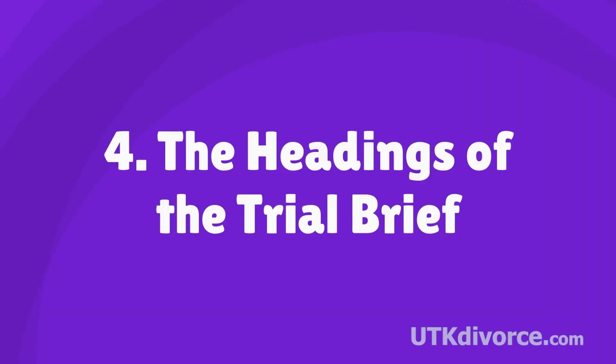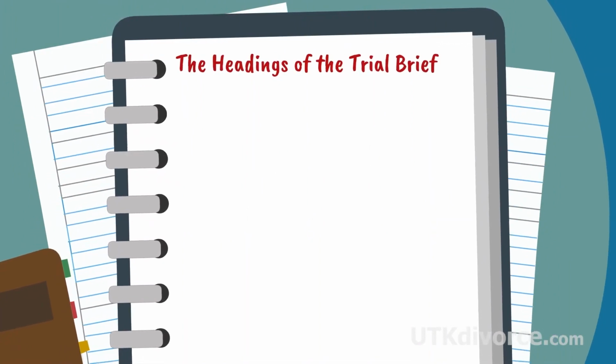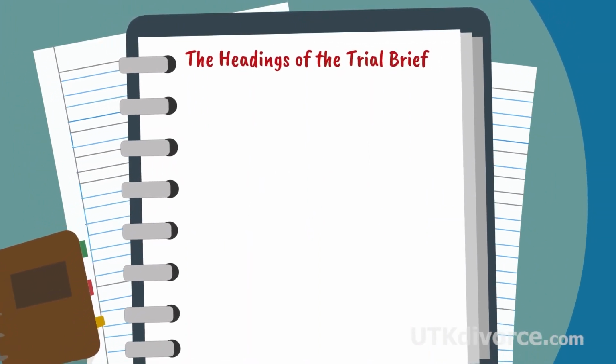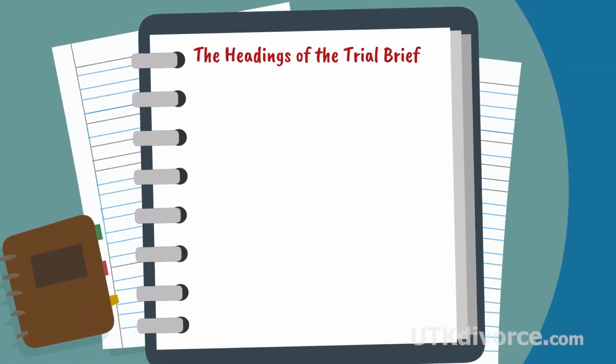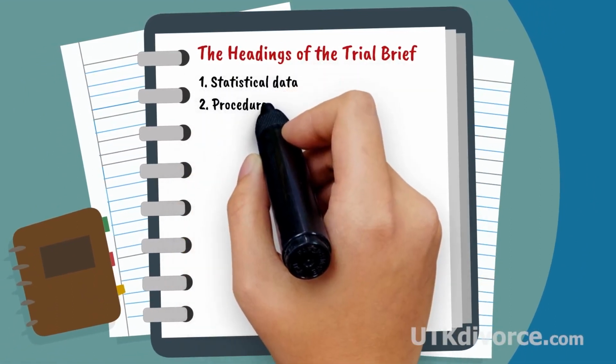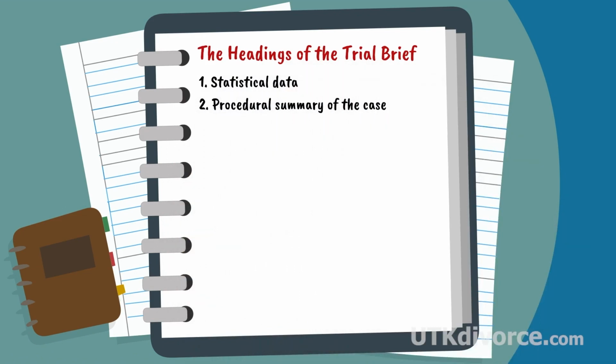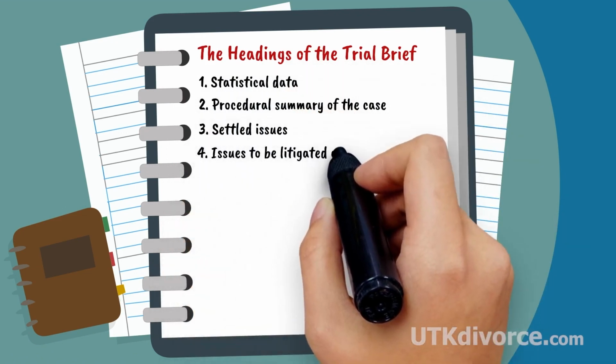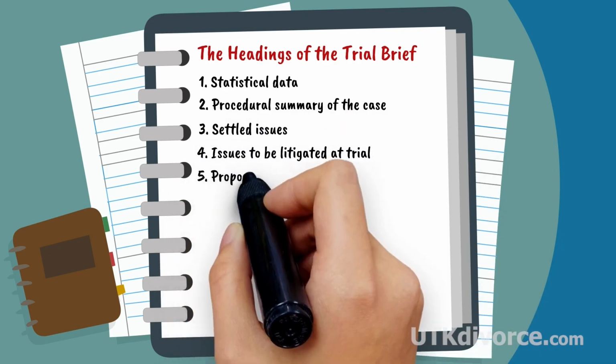4. The headings of the trial brief. Generally, no matter the California county, the headings of the trial brief are roughly the same, namely 1. Statistical data. 2. Procedural summary of the case. 3. Settled issues. 4. Issues to be litigated at trial. 5.